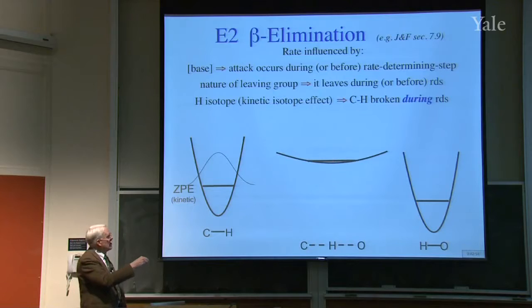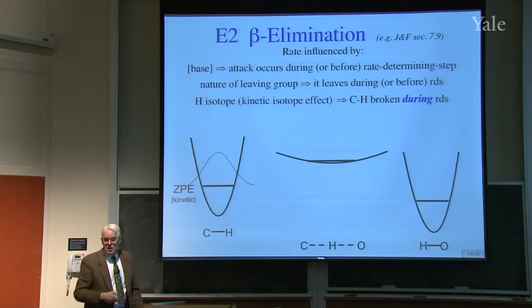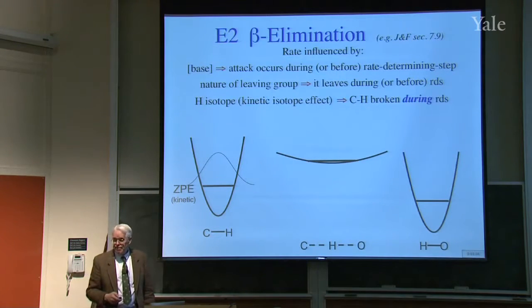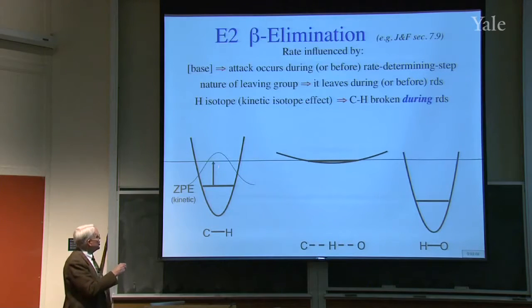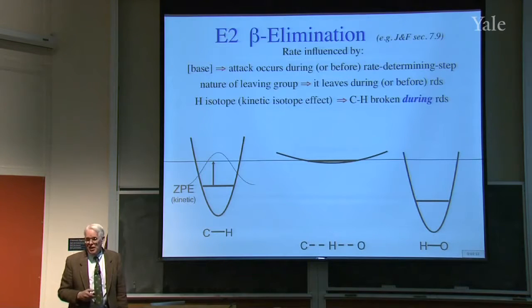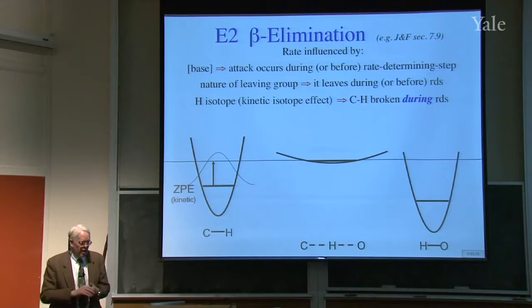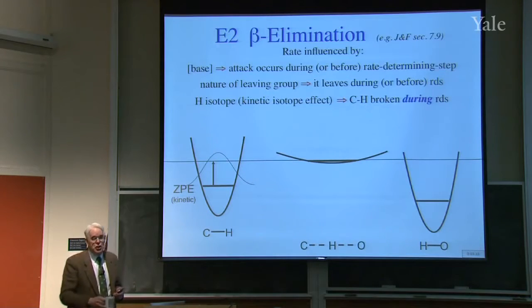So you can have much lower minimum kinetic energy when the hydrogen bond is being broken than when it's either attached to the carbon or attached to the oxygen. Okay? Now, what's the implication of that? Well, when you do the reaction, you have to get to the transition state, so you have to put in that much energy. Now, what's the implication if we change from hydrogen to deuterium?